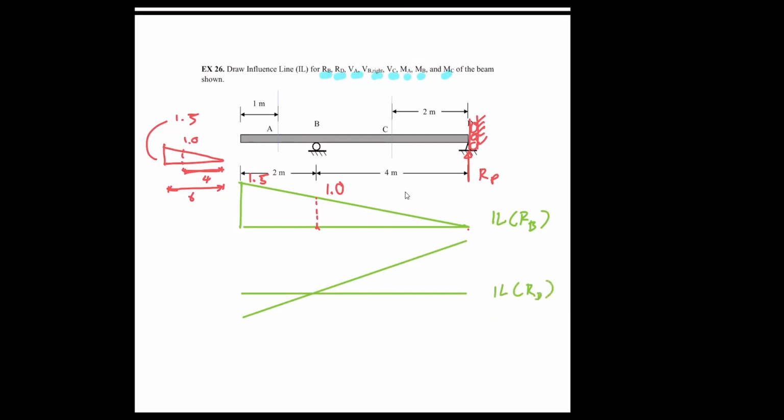And now, not straight. They're trying to connect. Okay, anyway. This is the shape. When we place the unit load at D, the magnitude of RD is going to be 1. So here right away this is going to be 1.